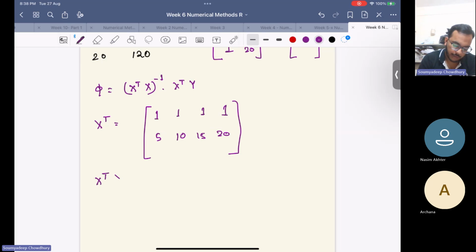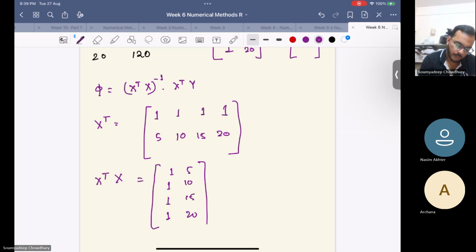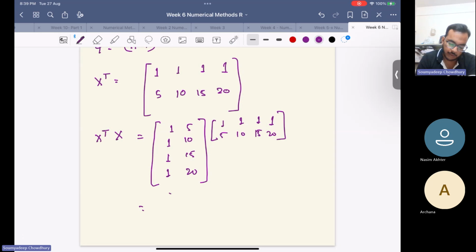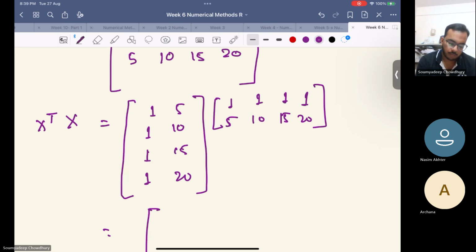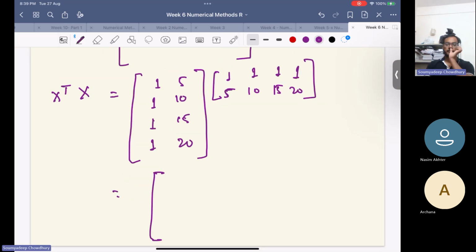Now if I multiply X transpose into X, can you tell me what will be the X transpose X? Will it be 4 by 4 or 2 by 2?